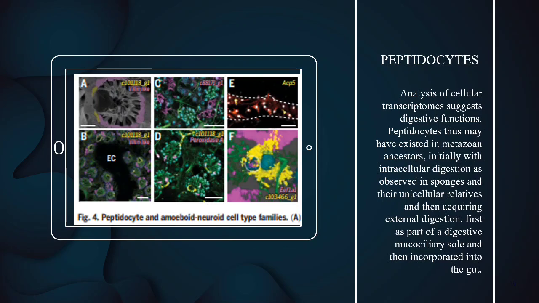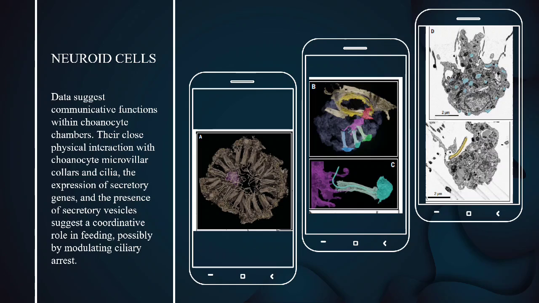Peptidocytes thus may have existed in metazoan ancestors, initially with intracellular digestion as observed in sponges and their unicellular relatives, and then acquiring external digestion, first as part of a digestive mucociliary sole and then incorporated into the gut. In neuroid cells, data suggest communicative functions within choanocyte chambers. Their close physical interaction with choanocyte microvillar collars and cilia, the expression of secretory genes, and the presence of secretory vesicles suggest a coordinative role in feeding, possibly by modulating ciliary arrest.